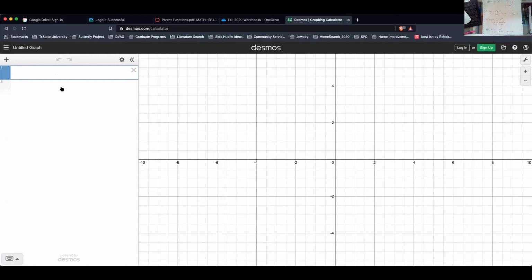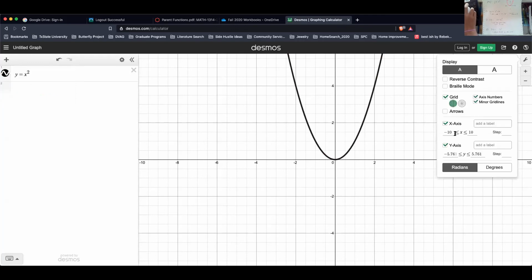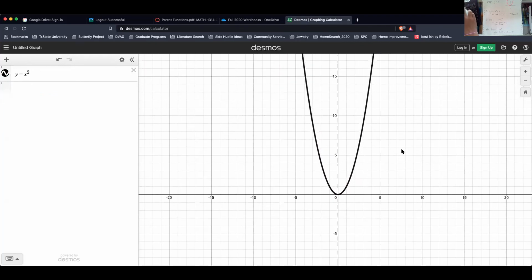So we said that we had this original parent function, y equals x squared. Okay. So this is our parent function. I'm going to make the parent function a little bit thicker. I'll change the color to black, make it a little bit thicker. Maybe we make it 5. Actually, I'll zoom out a little bit and scroll up. Okay. There's our parent function.